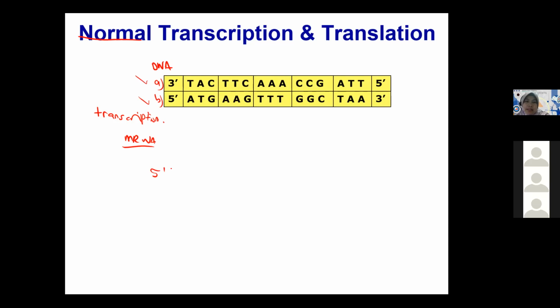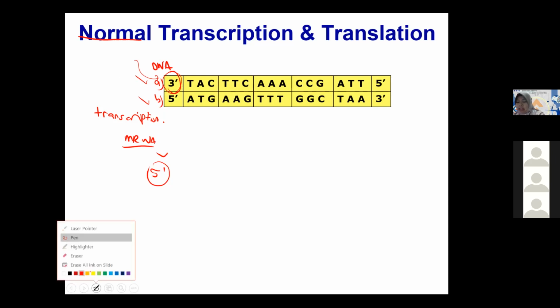Which one that will be used as template? A. Very good. A. Ingat because our mRNA start with 5' sebelah kiri. So the DNA strand that will be used as template is A, because you can see it start with 3' from the left. So it must be anti-parallel. Ingat tu. Tolong ingat. Okay. So this is our template strand.